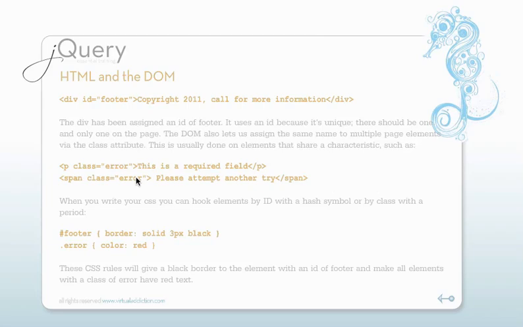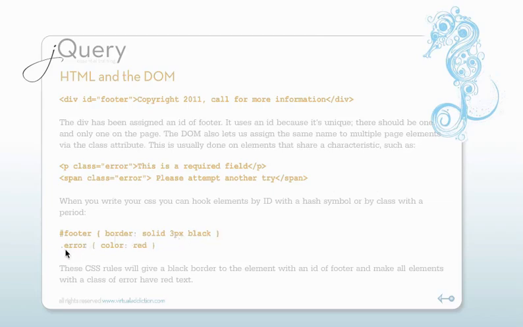So when you write your CSS, you can hook elements by ID with a hash symbol or by class with a period. And that's pretty standard as far as CSS is concerned. Here you can see that if I wanted to style the footer to have a black border, I would hook the footer div by saying #footer, and then I would assign my CSS attributes.